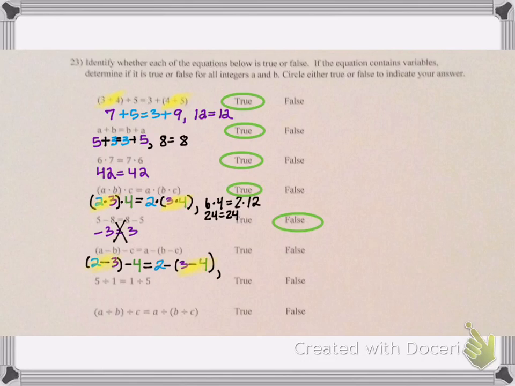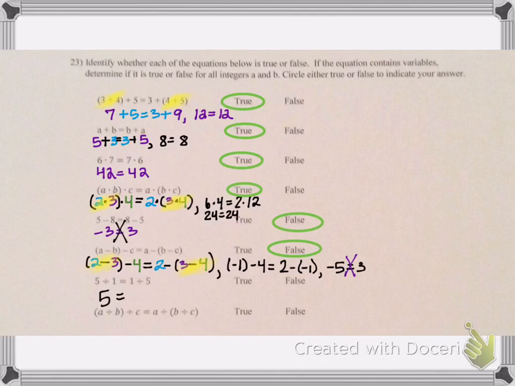I have to work inside my parentheses first. So on the left side, I will get negative 1 minus 4. On the right side, I will get 2 minus negative 1. When I evaluate the left side, I get negative 5, but on the right side, I get 3, and negative 5 is not equal to 3, so that's a false statement.